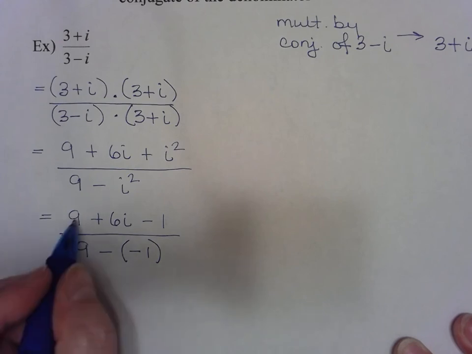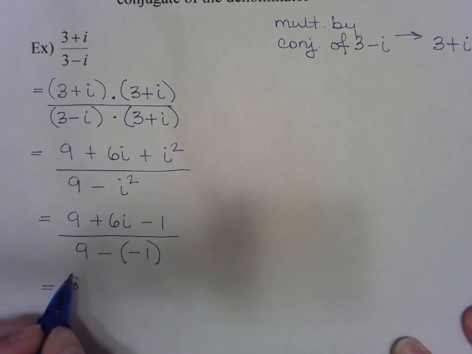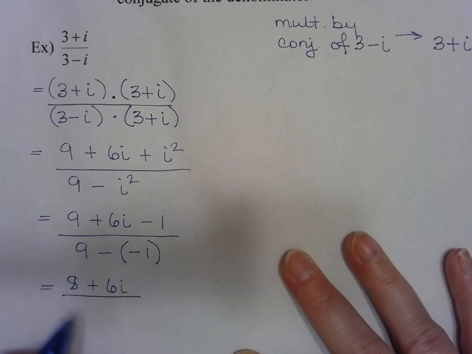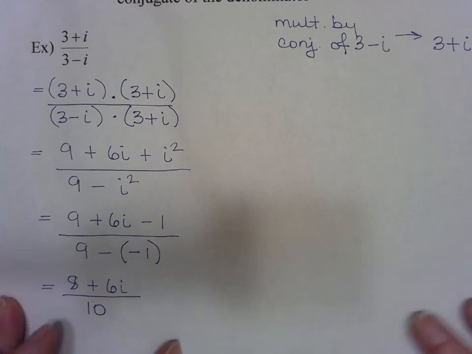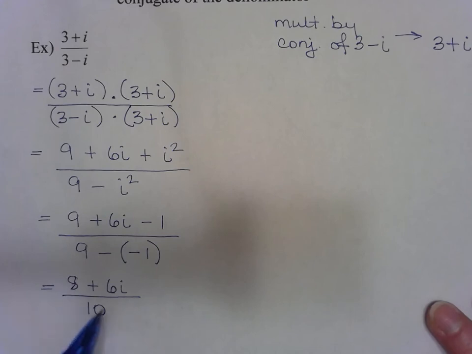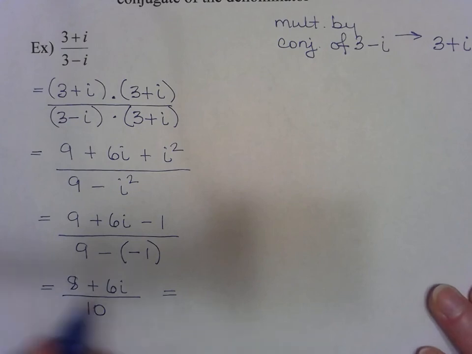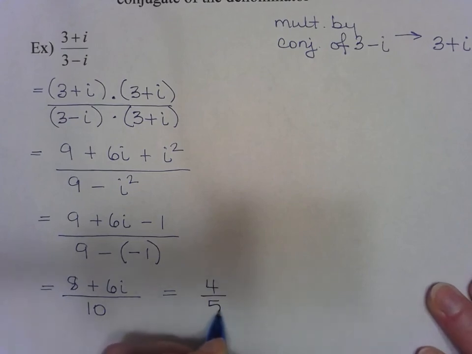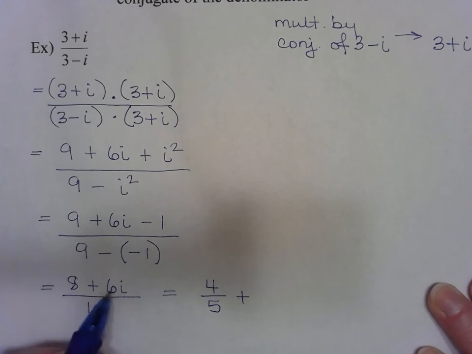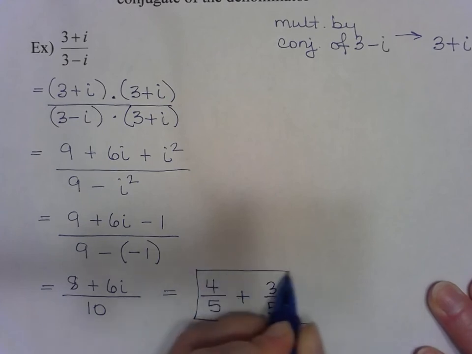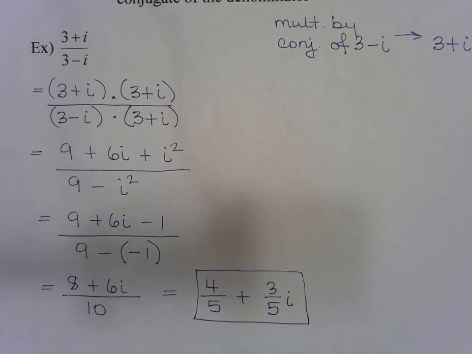So I'm going to have 9 minus 1 is 8, 8 plus 6i over 9 plus 1, so 10. And the 10 divides into both, and we can reduce. So 8 divided by 10, if I reduce that, I get 4/5. 6 divided by 10, if I reduce that, I get 3/5 i. And I've written it in that a plus bi format.